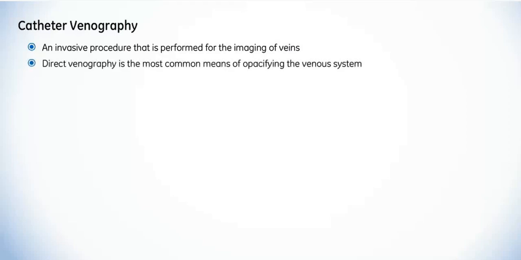Similar to arteriography, a venography is an invasive procedure that is performed for the imaging of veins. It includes direct venography, indirect venography, and intraosseous venography. Direct venography is the most common means of opacifying the venous system.